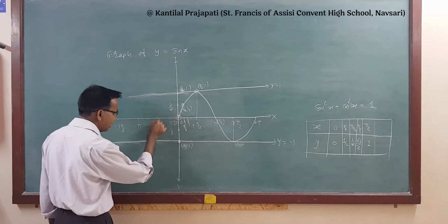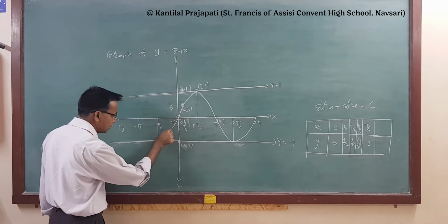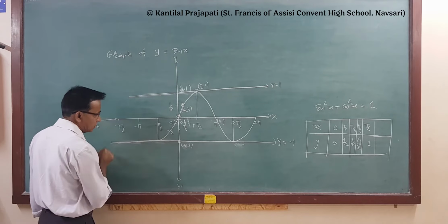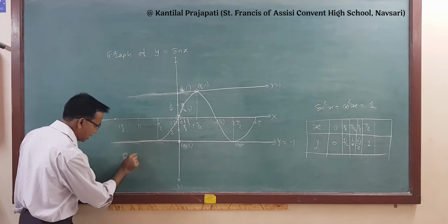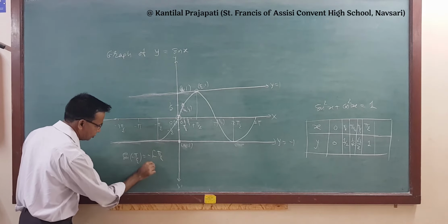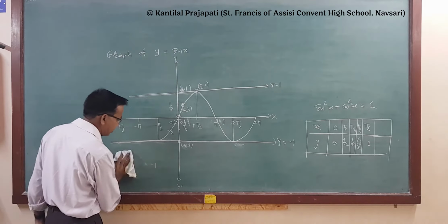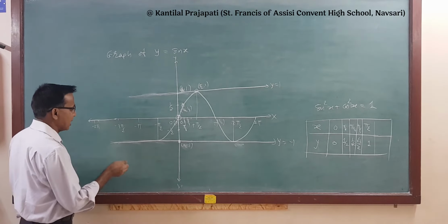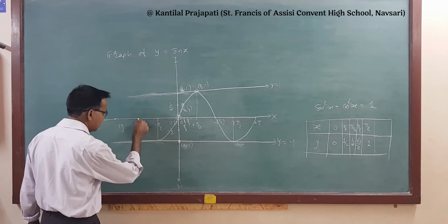Similarly here, sine of minus pi by 2 is minus 1 because sine is an odd function. Sine of minus pi by 2 is equal to minus sine pi by 2, which is minus 1. Then sine pi is 0, and sine of minus pi is also 0.